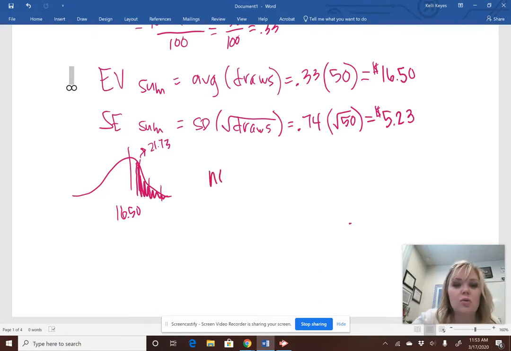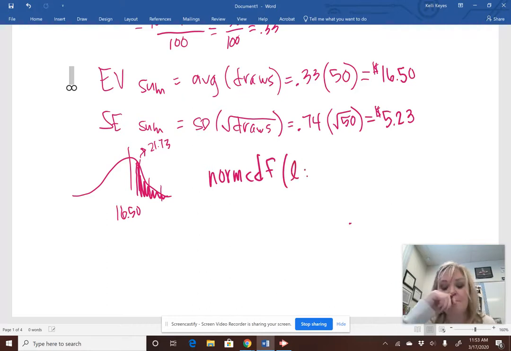So with the norm CDF shortcut in the calculator, which is menu 652 with the TI Nspire, the lower bound will be the $20 because we're wanting the chance they pay more than the 20. So the lower bound's 20, and the upper bound will put a high value of 10,000.